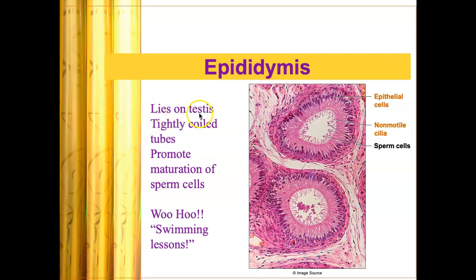The epididymis is on top of the testes, still inside the scrotum, and that is where the sperm mature. When the sperm are produced inside the seminiferous tubules, they aren't swimming. So they go to the epididymis to mature and basically take swimming lessons.